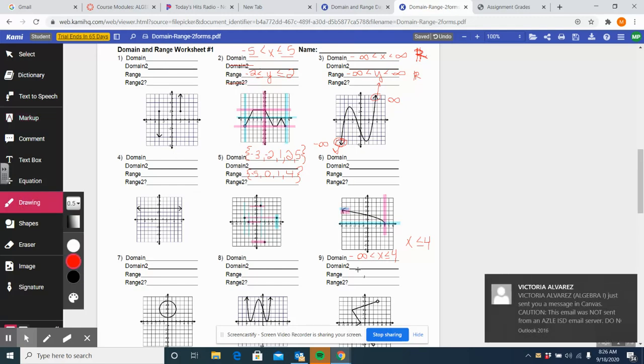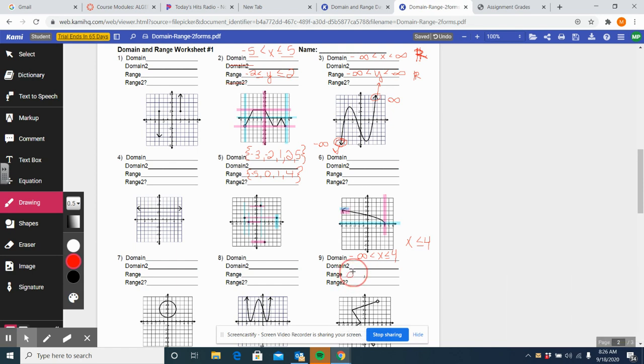So, bottom is 0. And that's a closed circle, so that's less than or equal to. Now we're talking about y. Okay, and it's going to positive infinity. So it's less than infinity because you can never equal infinity. Okay, you can never touch infinity.